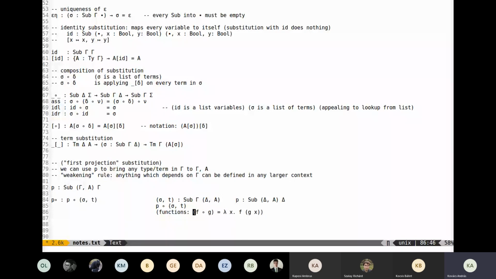The action happens from right to left, because first we perform g and then f. Substitution composition is similar: the action of the substitution first happens on the right and then on the left. So this is a substitution which does the extend substitution, but then does a p, and the rule says that this is just sigma.